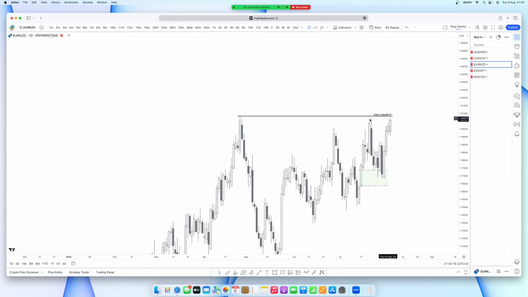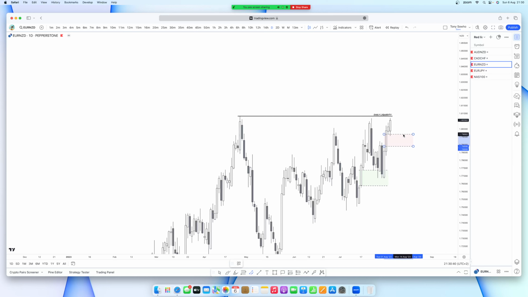So with this, I think this has given us another opportunity. If there can be some kind of retracement, I would really appreciate it if the institutions can discount this more before finally taking price up to take out this daily liquidity. And this would be a very amazing spot to play.